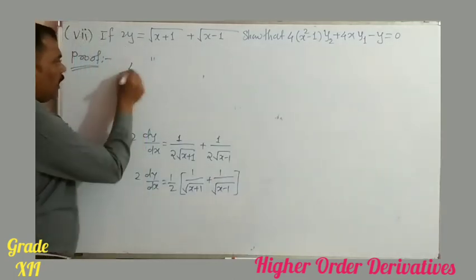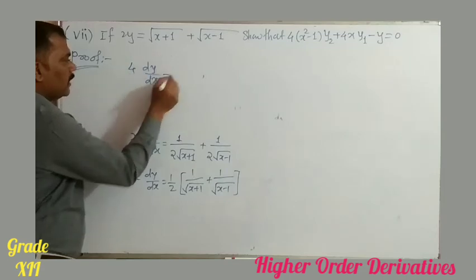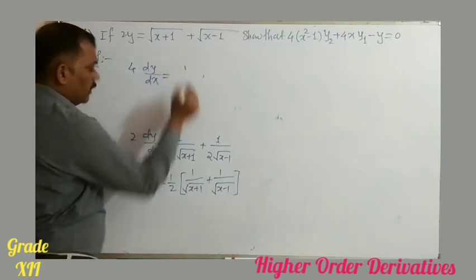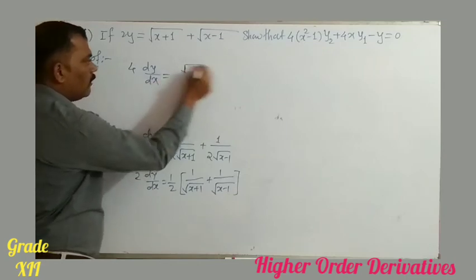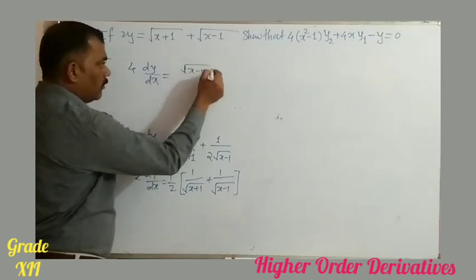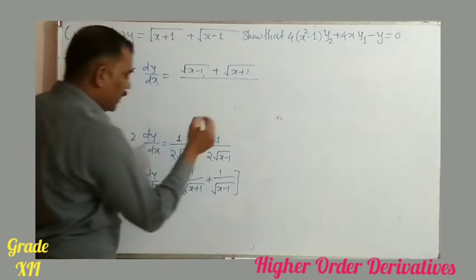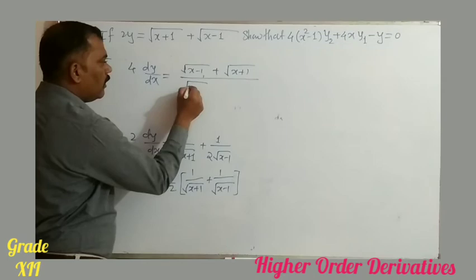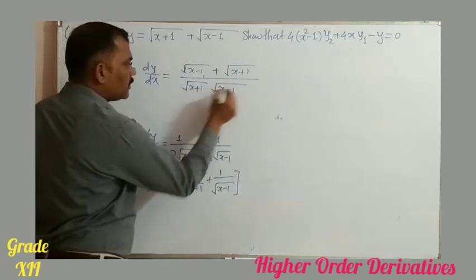4 dy by dx is equal to 1 upon, here we have to equalize the denominator, so under square root of x minus 1 plus under square root of x plus 1 divided by under square root of x plus 1 into under square root of x minus 1.